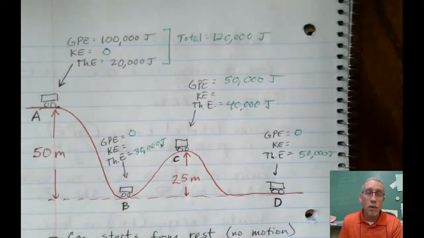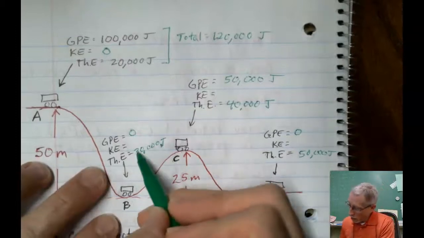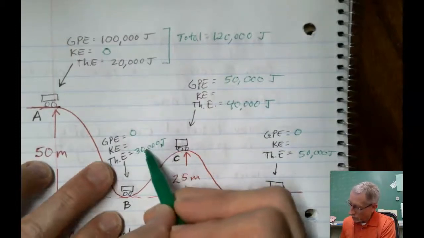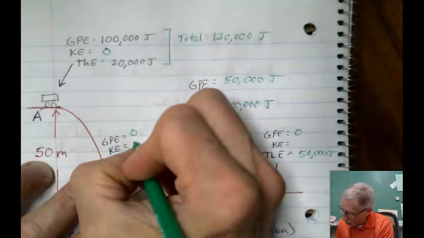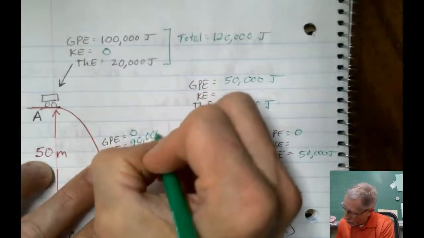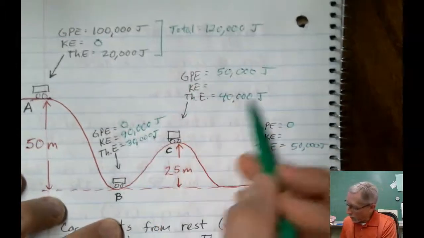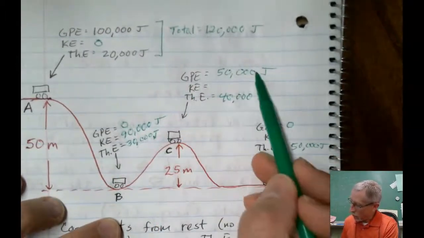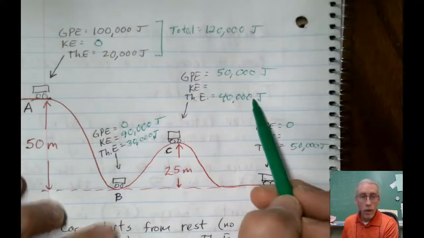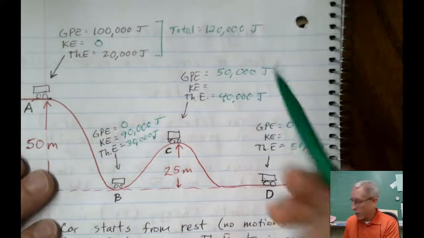You can use a calculator if you want to, but I know the number that I add to 30,000 in order to get 120,000 is 90,000 joules. And what do I have here? Well, I've got 50 and another 40, and I need how much more to make 120?